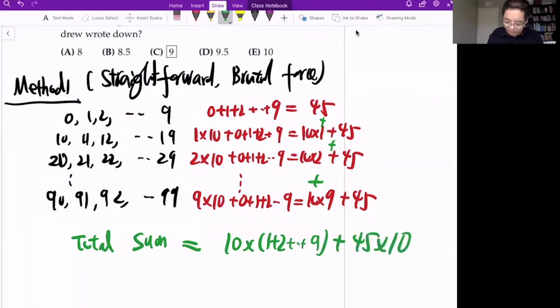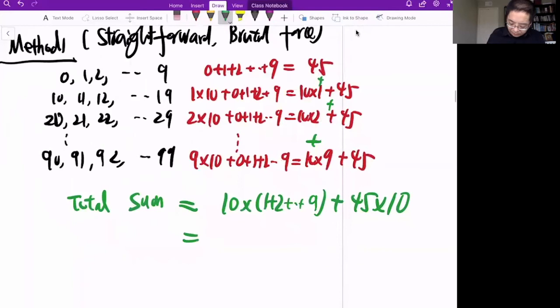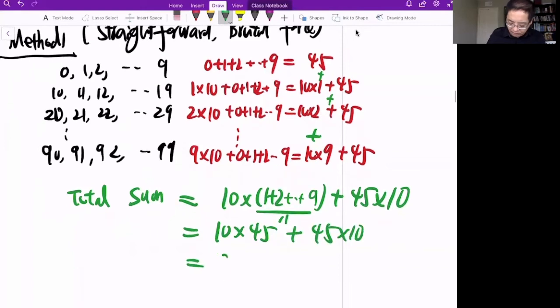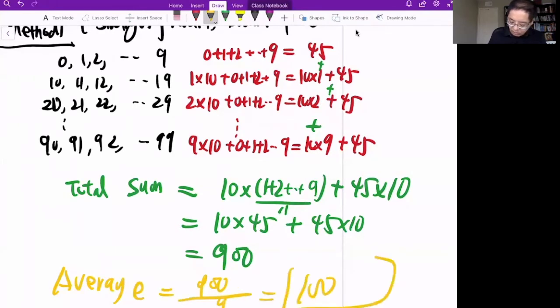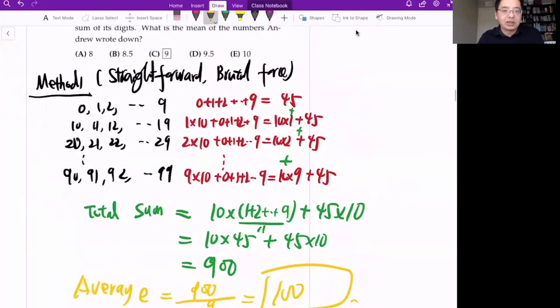So this is just 10 times 45 plus 45 times 10, which is 900. So the total sum is 900. And then we get the average: 900 divided by 9, which is 100, right? So this is the first method, which is based on straightforward calculation.